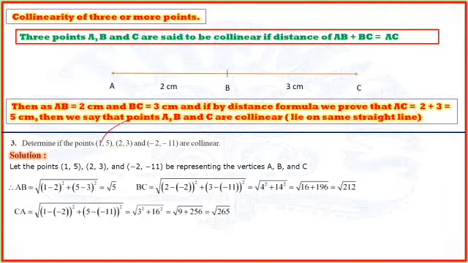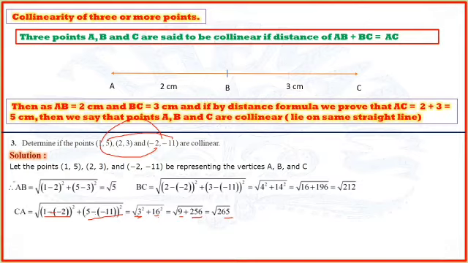CA means first and third. So 1 minus -2 whole square, and then 5 minus -11 whole square. Minus into minus is plus, so 2 plus 1 is 3, the square of 3, and then 5 plus 11 is 16, the square of 16. 3 threes are 9, and 16 squared equals 256, which is 265.